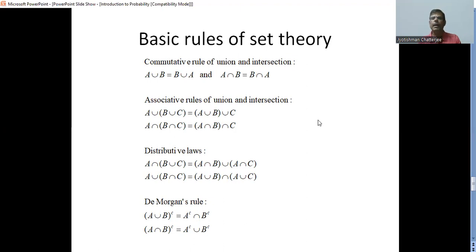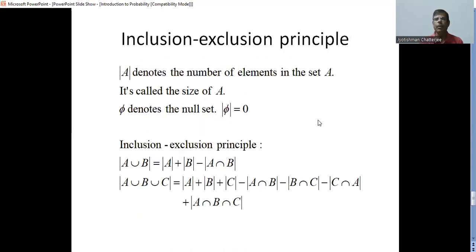All right. Let me just talk about the size of a set. Oh, now it has come. Good. It gets stuck while shifting from one to another after using the pen tab. So anyway, it has come up now. So let me discuss this part.